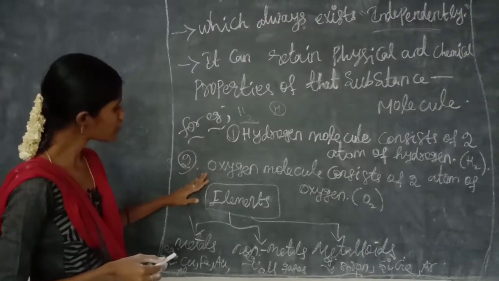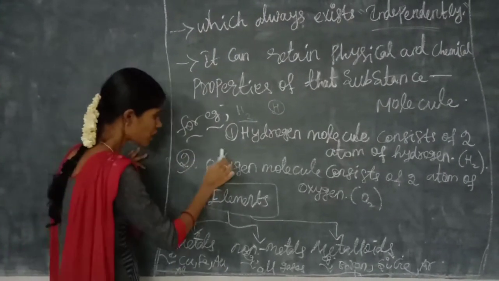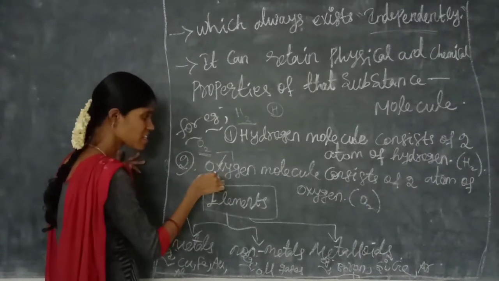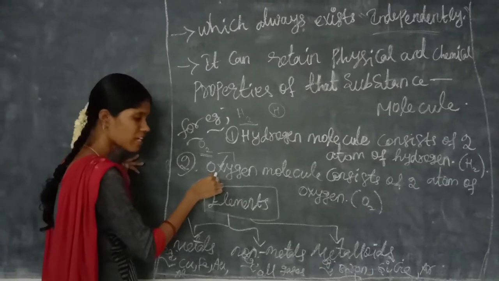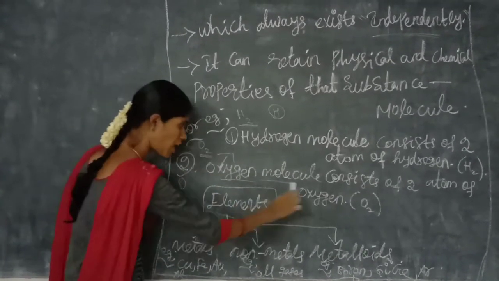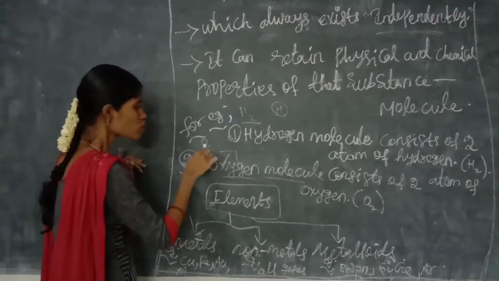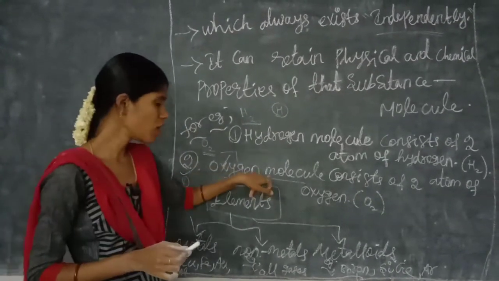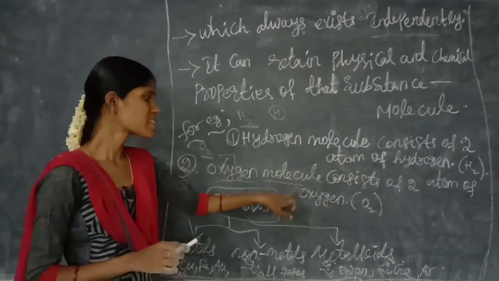Another example is the oxygen molecule. The formula for the oxygen atom is O, whereas the molecular formula for the oxygen molecule is O2, so it consists of two oxygen atoms.